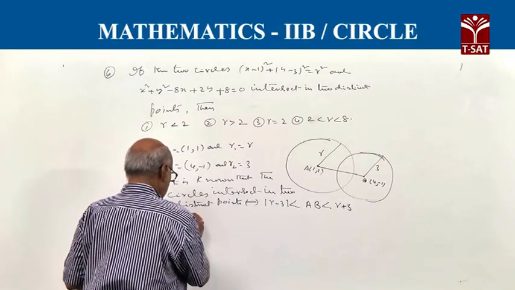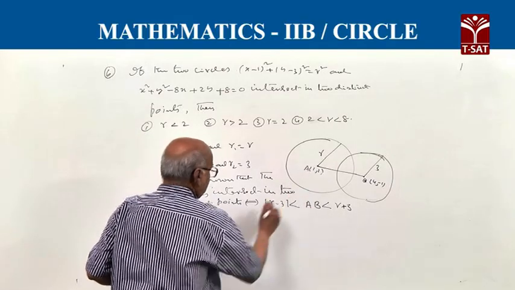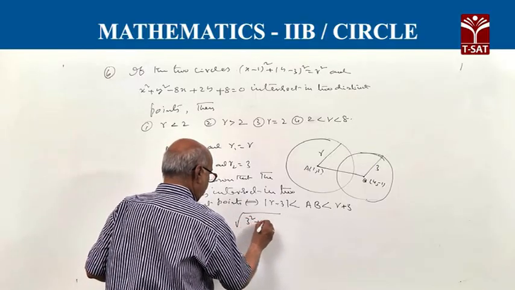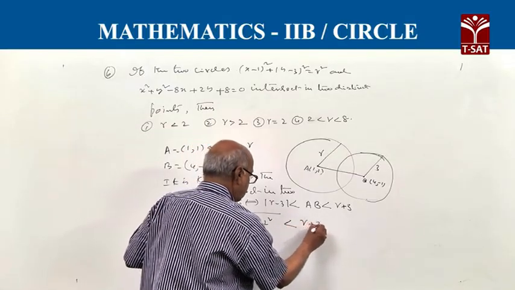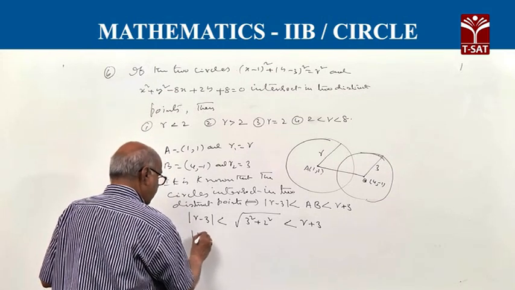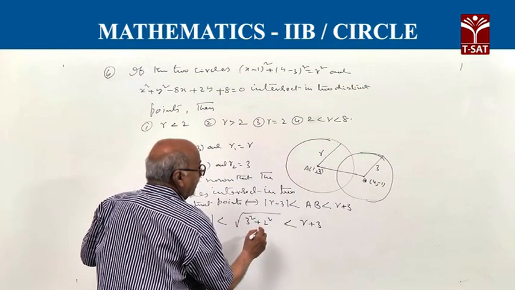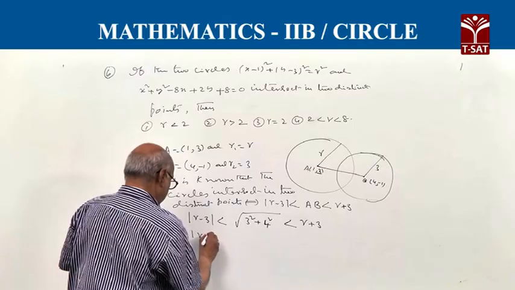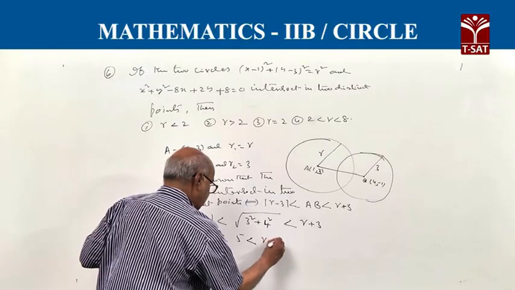What is the distance between the two centers? Square root of 3 square plus 4 square, that is 5. So mod r minus 3 is less than 5, and 5 is less than r plus 3.